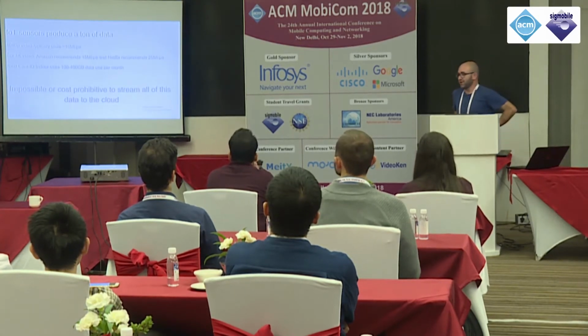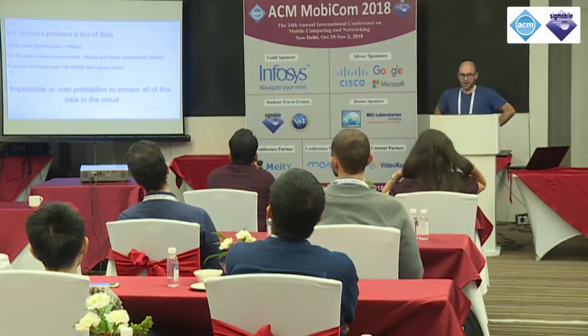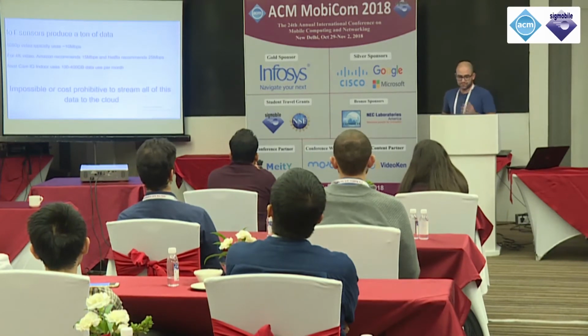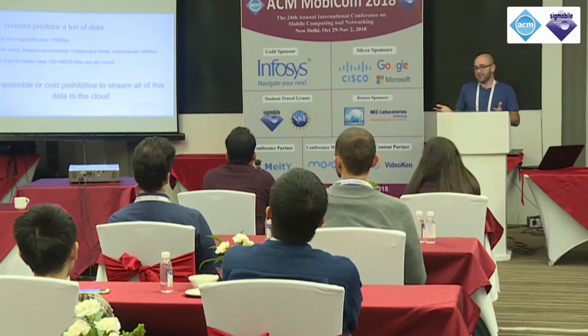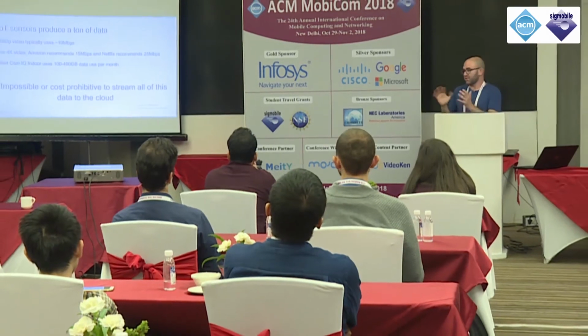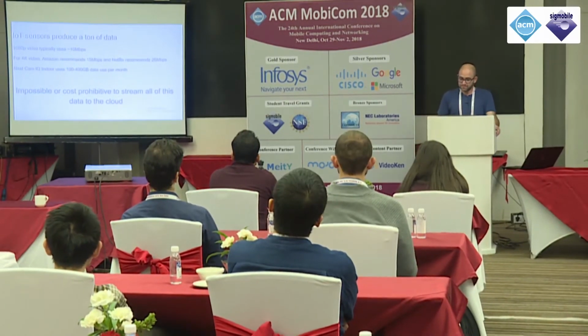Okay, so let's talk about video for a little bit. If you have a 1080p camera, that typically uses about 10 megabits per second to upload. If you have 4K video, or if you look at the downlink, Amazon and Netflix both say that somewhere in the range of 15 to 25 megabits per second is what you need for a single stream.